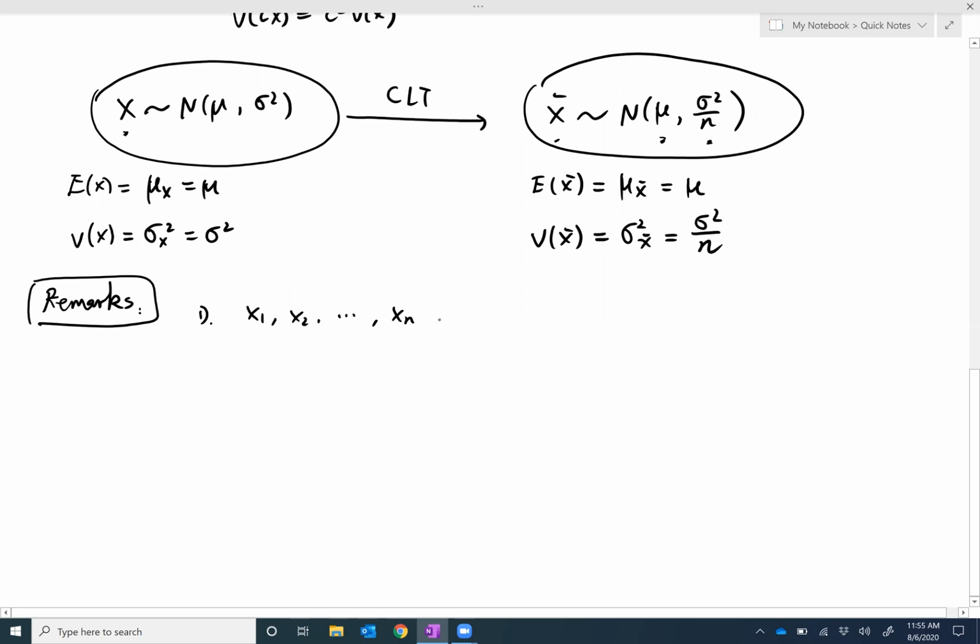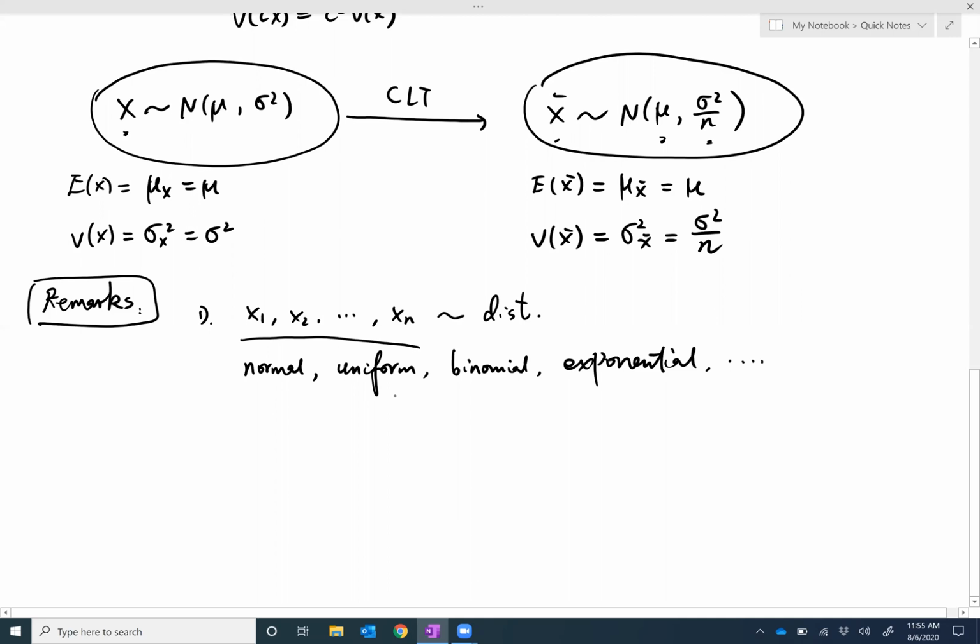It doesn't matter what the distribution is. It could be normal, it could be uniform, it could be binomial, or it could be exponential, or any other distribution. As long as you add all of them together and then divide by n, it will be approximately normal. So this is the first remark.